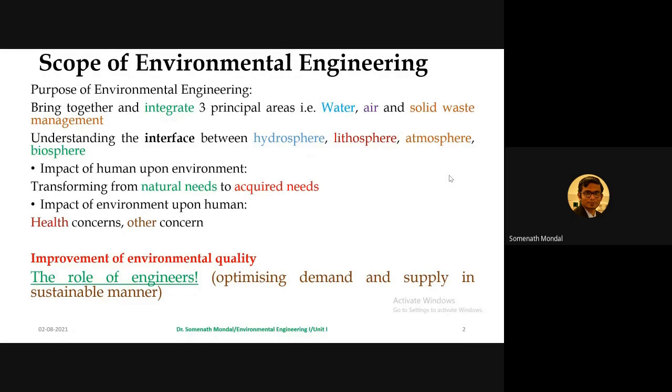The rate at which we deplete natural resources should be adaptable for the environment itself, so that it can produce natural resources for future generations and this balance is maintained. That is the main objective for engineers, and that is why we say the most important role of engineers is to improve the environmental quality.